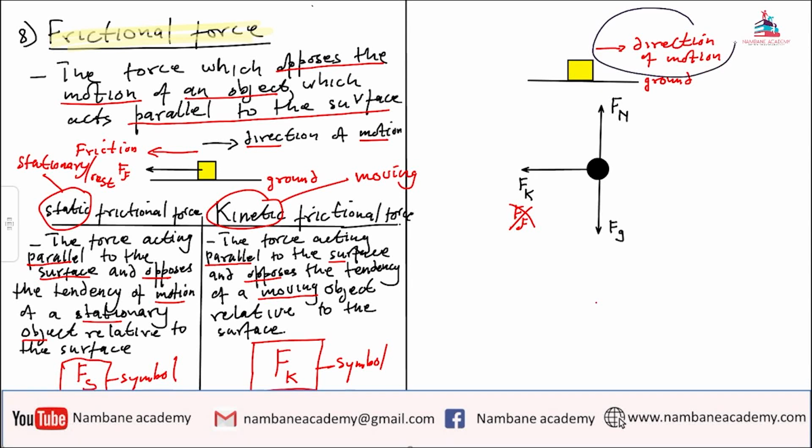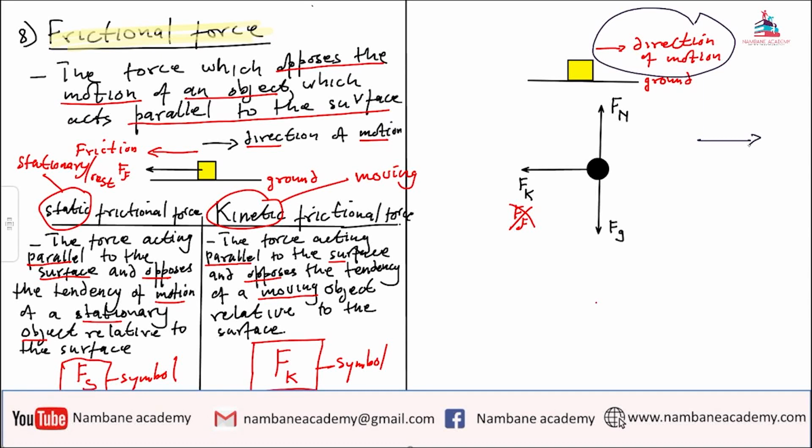The direction of the motion is very, very important. Why? Because if our object is moving to the right, frictional force will act in the opposite direction. Hence, the force which opposes the motion of an object. So the motion must be there.